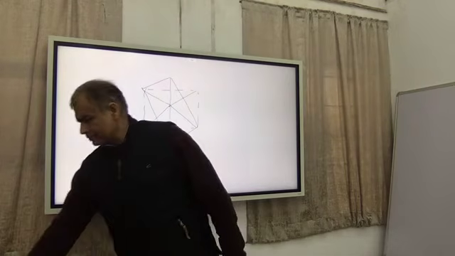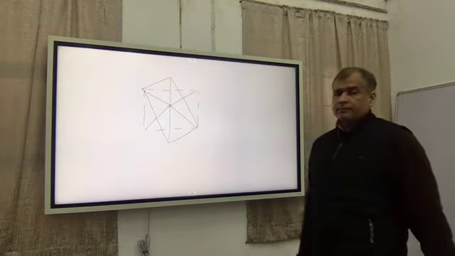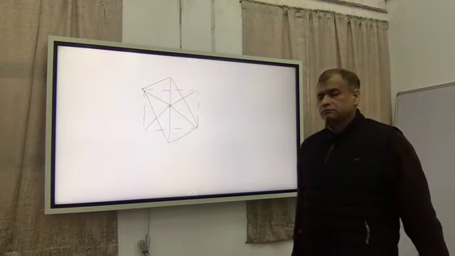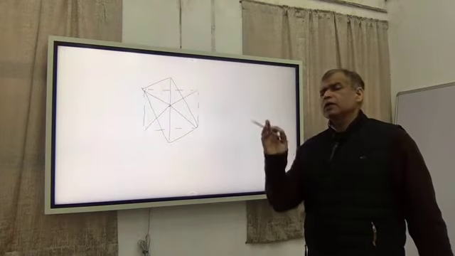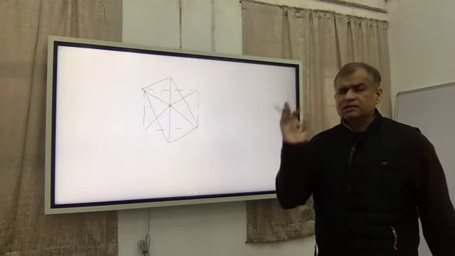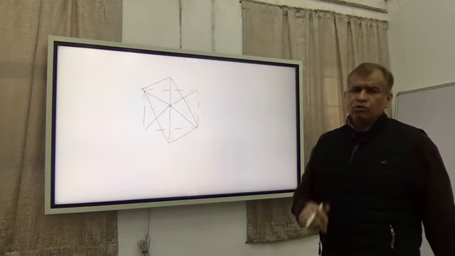There are 6 more planes of symmetry in it. And to see them, follow the same trick which you followed for visualizing 6 C2 axes in this geometry. And I told you how to do it.